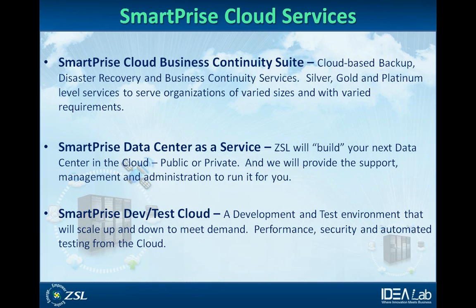So some additional services built around the cloud. A Smart Business Continuity Service, where we are able to provide backup, disaster recovery, and continuity services. They come in silver, gold, and platinum levels. So there is a correct level available for just about any size business, any type of business.